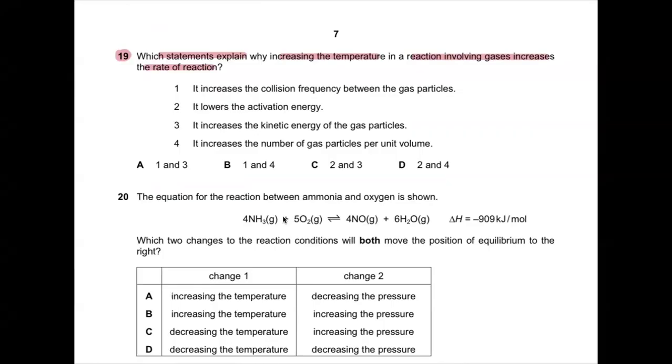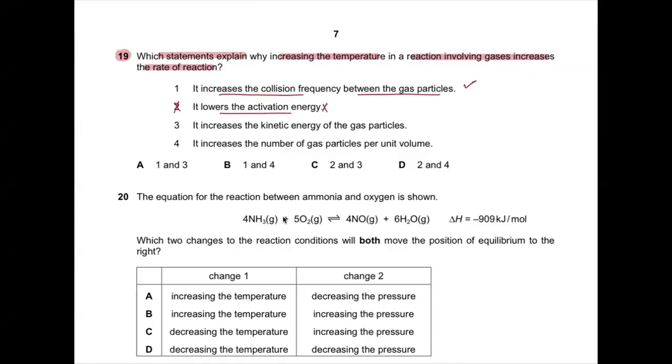It increases the collision frequency between the gas particles. Yes, it does. Because when you increase the temperature, the particles start colliding more frequently, which leads to the increase in the rate. It lowers the activation energy, not at all.